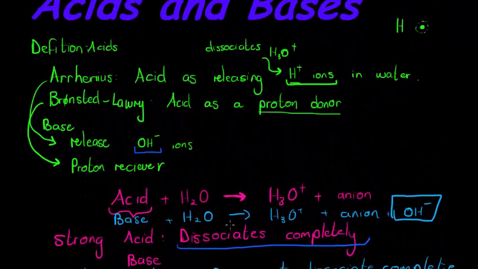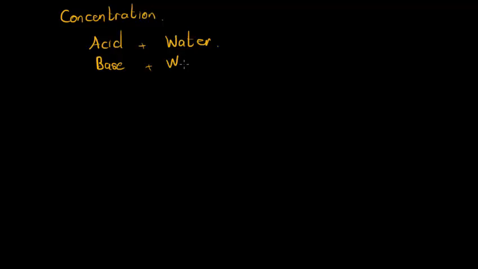Now let's quickly look at concentration. So we looked at definition, at strength, and now concentration. We've just said that we are putting an acid plus water. So what we're doing is dissolving an acid in water, or a base in water.